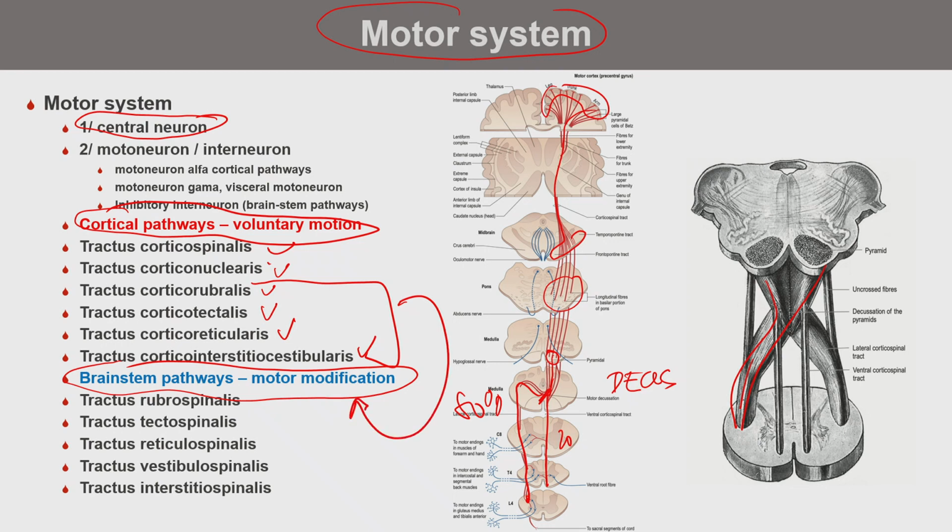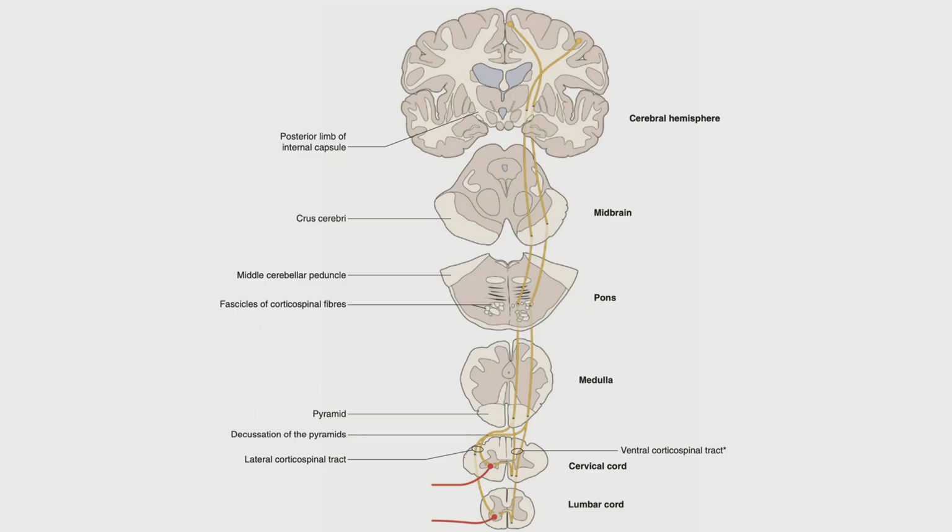The brainstem pathways are motor modifications known to us as the rubrospinal, tectospinal, reticulospinal, and vestibulospinal tracts. So we know that they are important for modification of some involuntary motions.